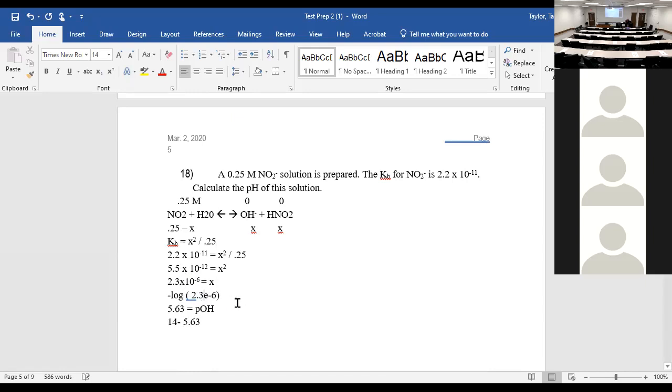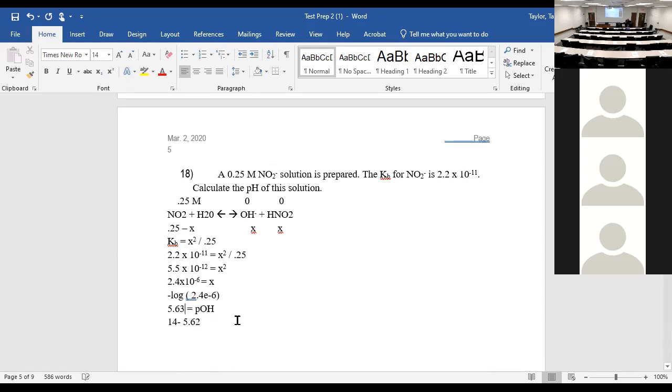Oh yeah, you're right, my bad. It's 2.4 times 10 to the negative 6. The log of that still comes out to 5.62.